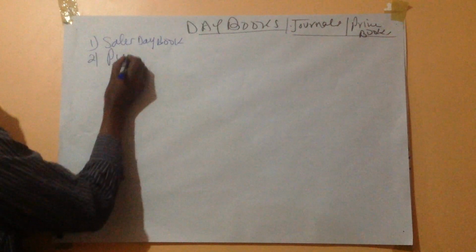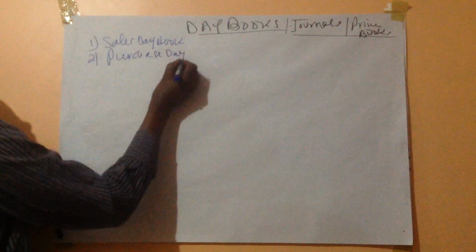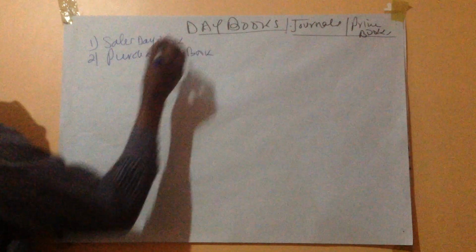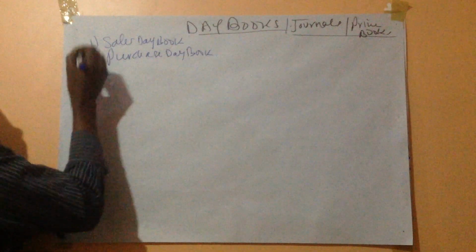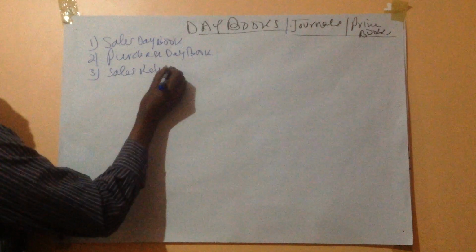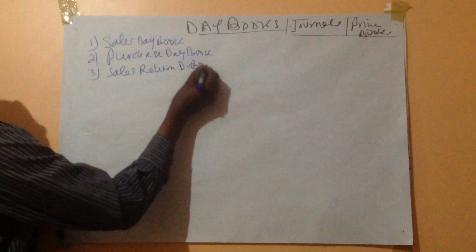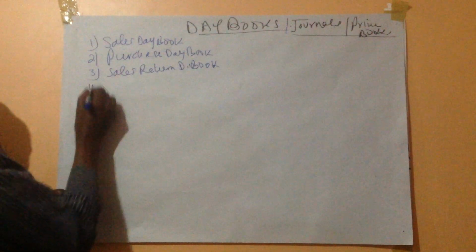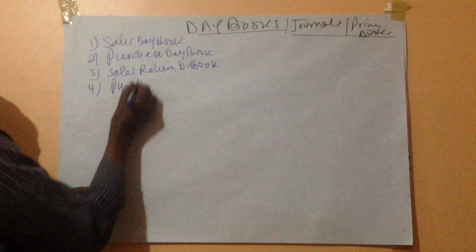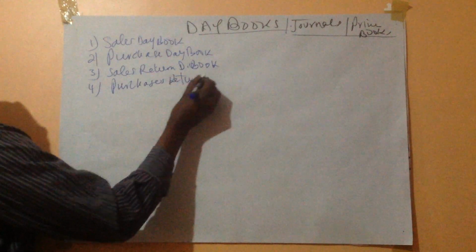Number 2 is the purchases daybook. Number 3 is the sales returns daybook. And number 4 is the purchases return daybook.